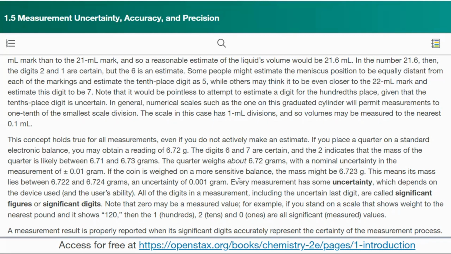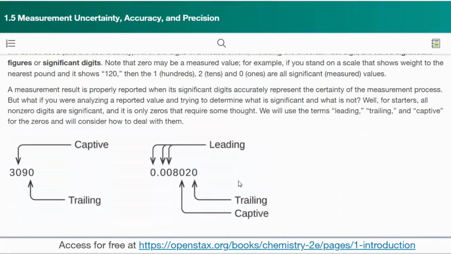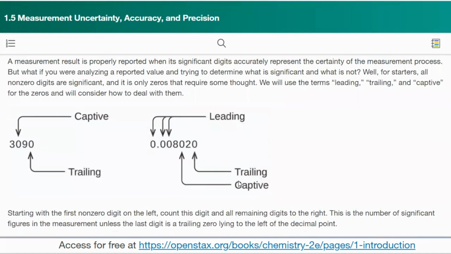Note that 0 may be a measured value. For example, if you stand on a scale that shows weight to the nearest pound and it shows 120, then the 100s, 10s, and ones are all significant measured values. A measurement result is properly reported when its significant digits accurately represent the certainty of the measurement process.